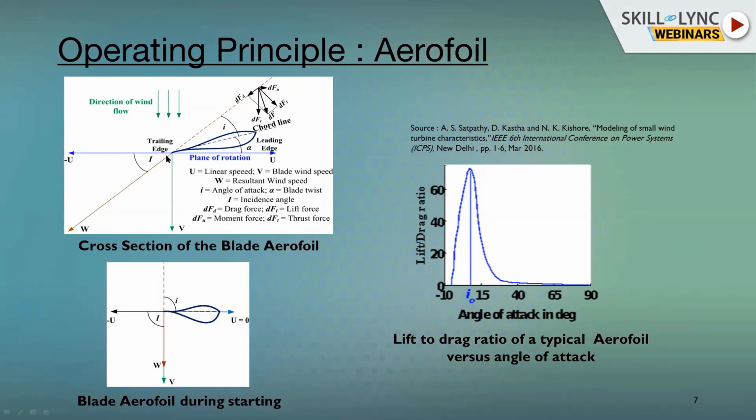So the linear velocity of the wind due to this turbine rotation will be in the minus U direction. So we now have V and U. The resultant of this U and V comes out to be W, which is nothing but the resultant wind speed. And the angle made between this resultant wind speed and the chord line is called the angle of attack. This is the definition of angle of attack.